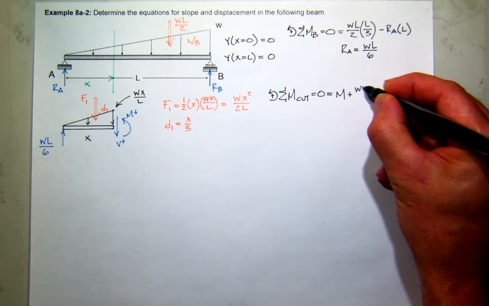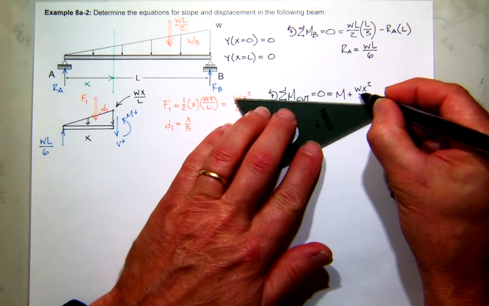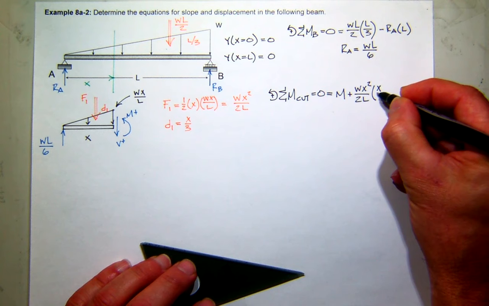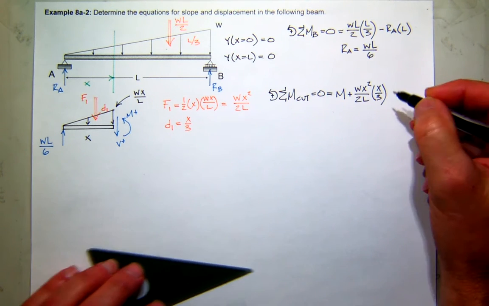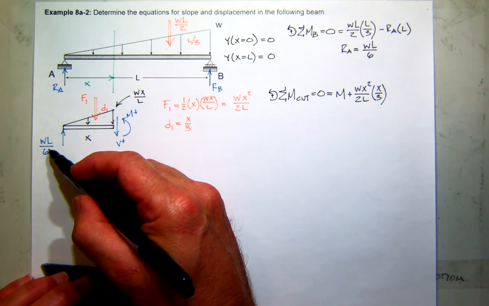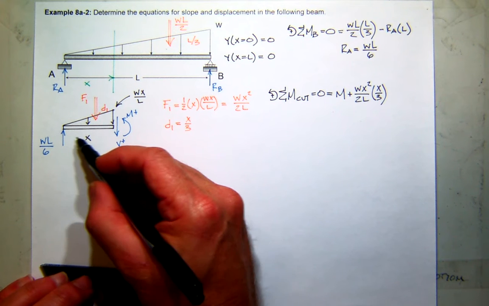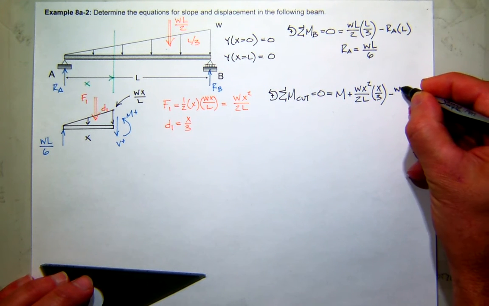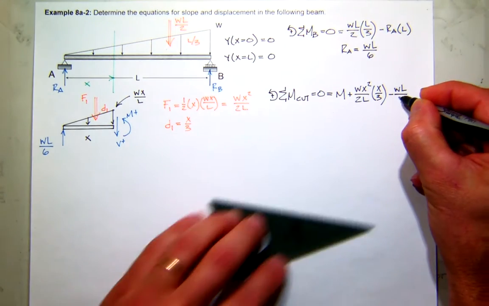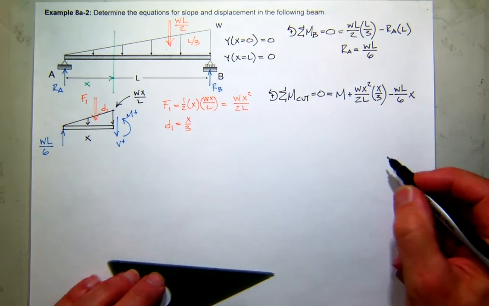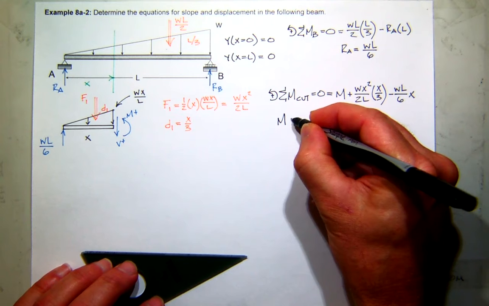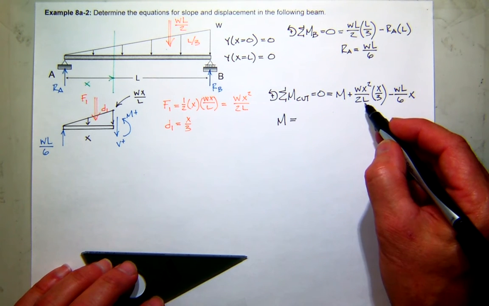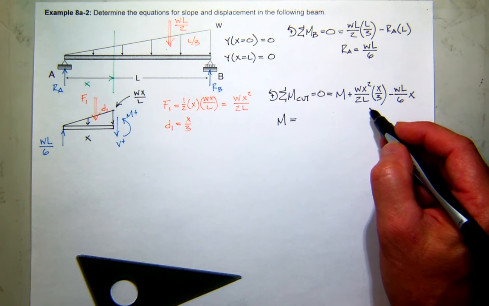The force is Wx squared over 2L, and the moment arm is x over 3. And all the way over here on the left is this force WL over 6 times the moment arm of x, and that creates negative. So I have WL over 6 times x. So therefore my moment, just throw everything to the other side of the equation. Looks like there's a W. Let's see, can I get clever here?